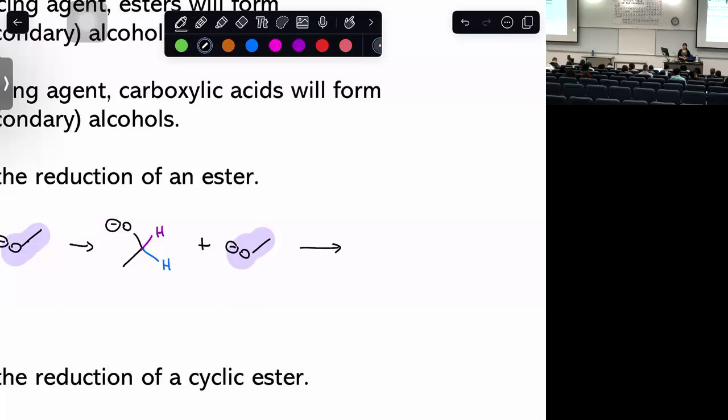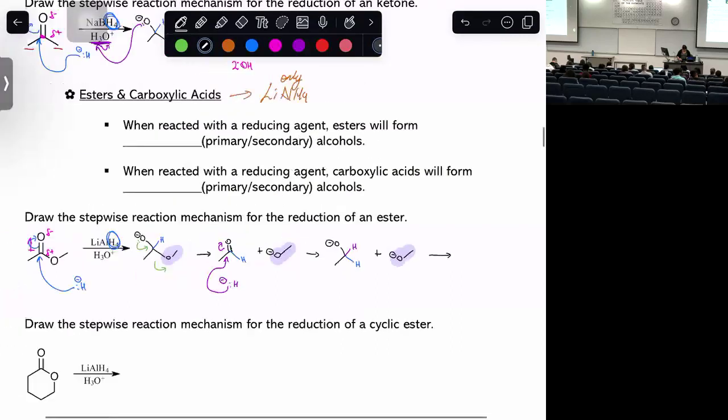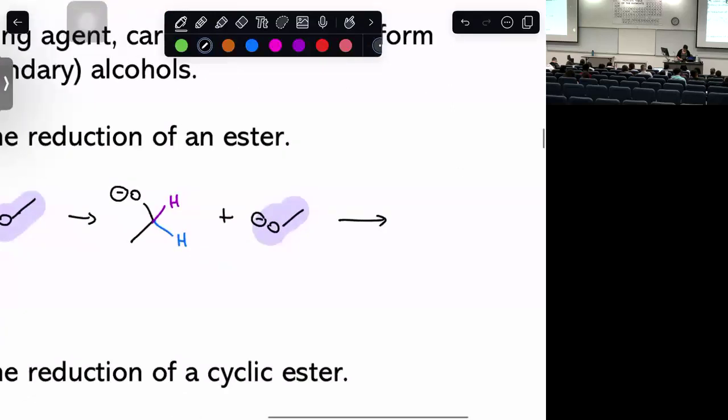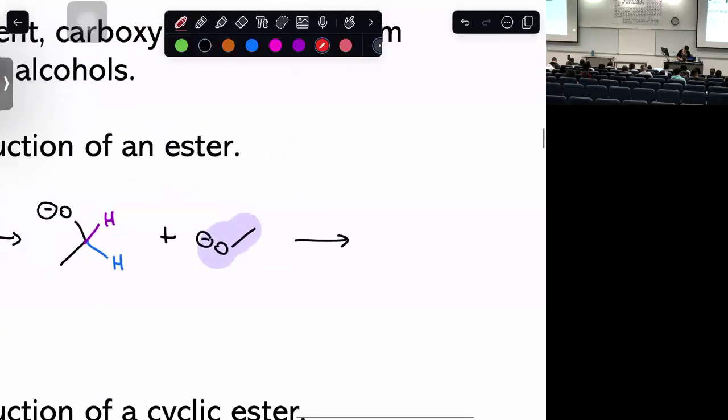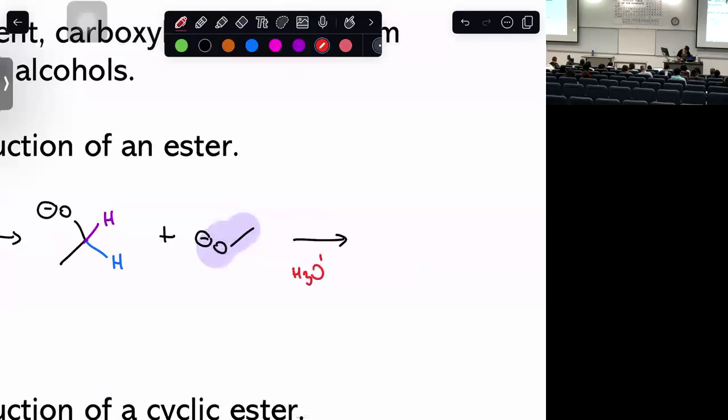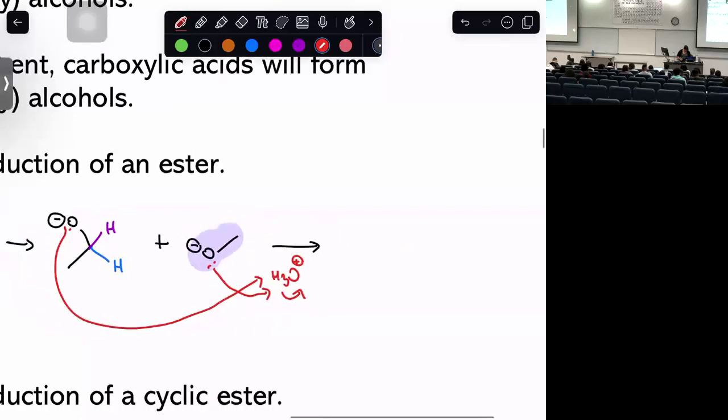Now we can protonate with whatever solvent we were given, which in this case was H3O plus. Okay, let me just redraw H3O plus in here. So again, both oxygens are just going to go and grab one of those hydrogens. So we end up with this guy.